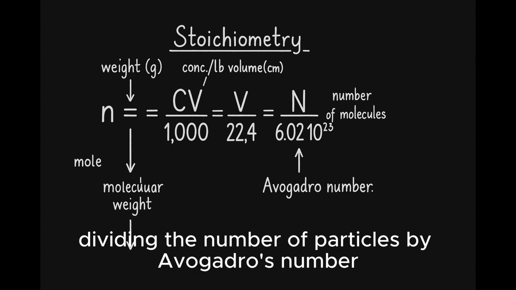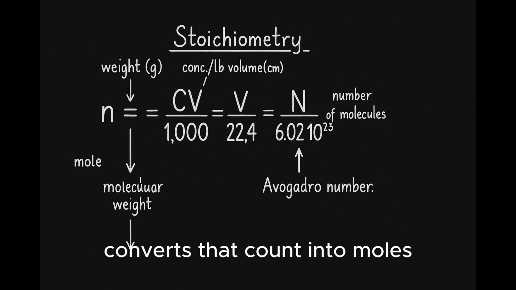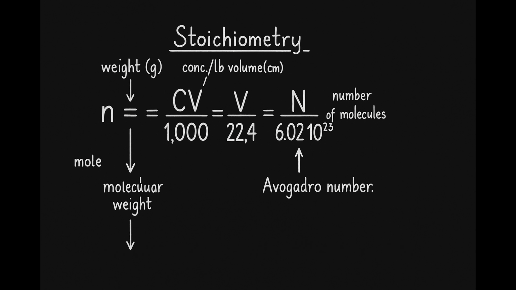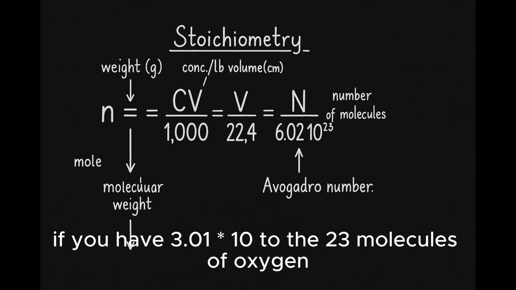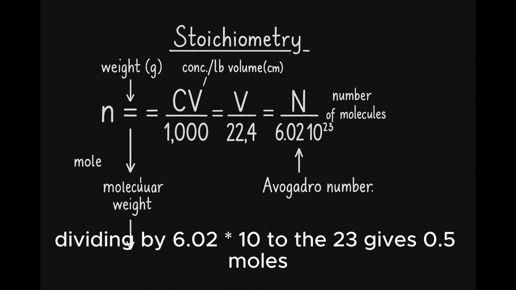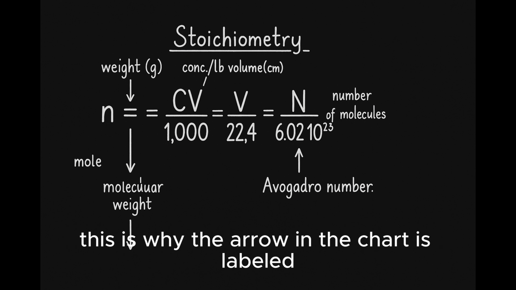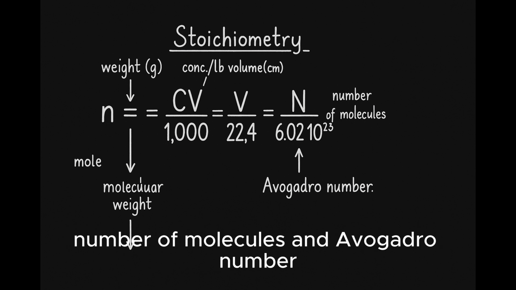Dividing the number of particles by Avogadro's number converts that count into moles. For example, if you have 3.01 times 10 to the 23 molecules of oxygen, dividing by 6.02 times 10 to the 23 gives 0.5 moles. This is why the arrow in the chart is labeled number of molecules and Avogadro number.